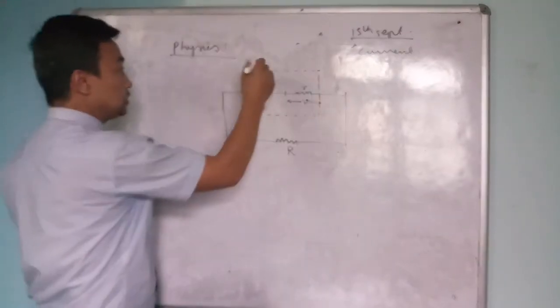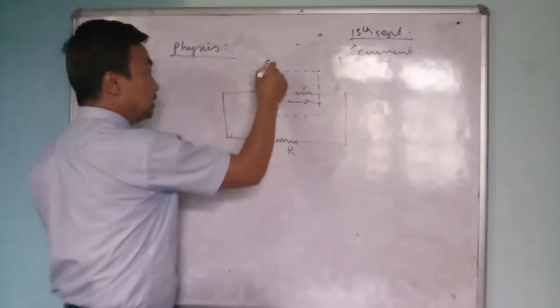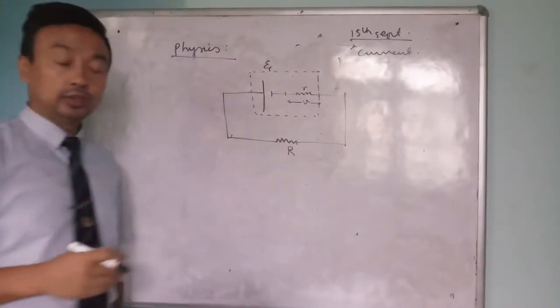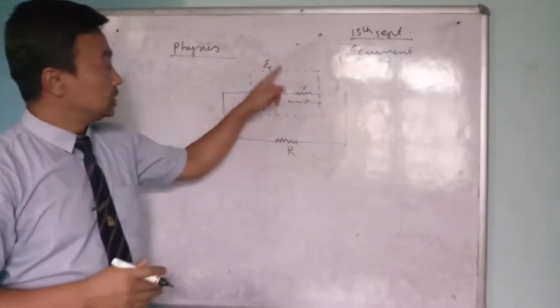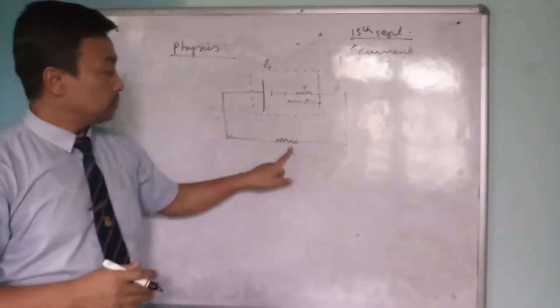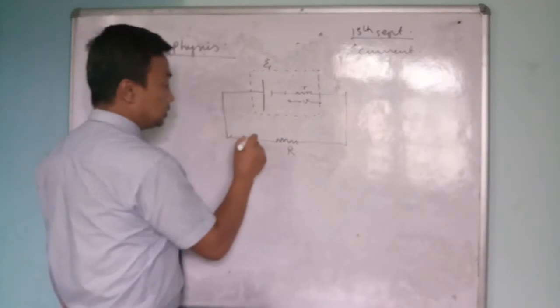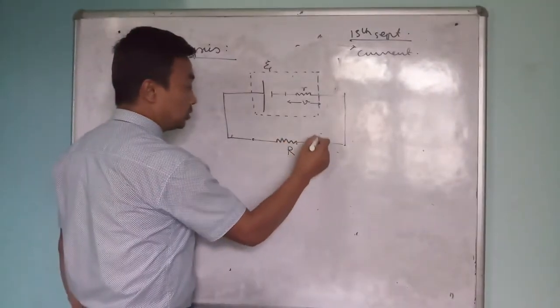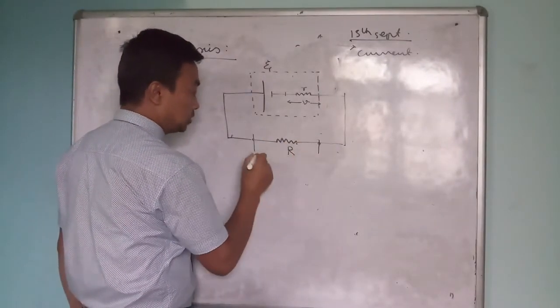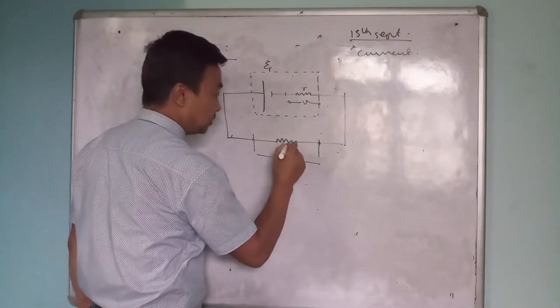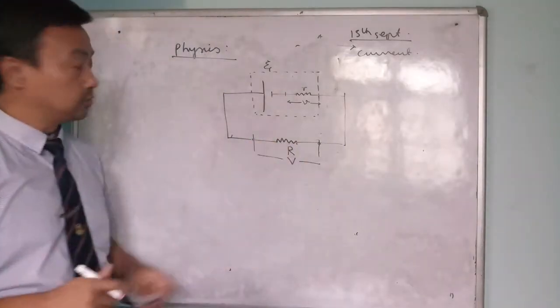For the entire cell you have this EMF. This EMF is the potential difference for the entire cell. Inside is the voltage drop, and this is outside, which is the terminal voltage, and suppose it is given by V. This is the symbol for the resistance.